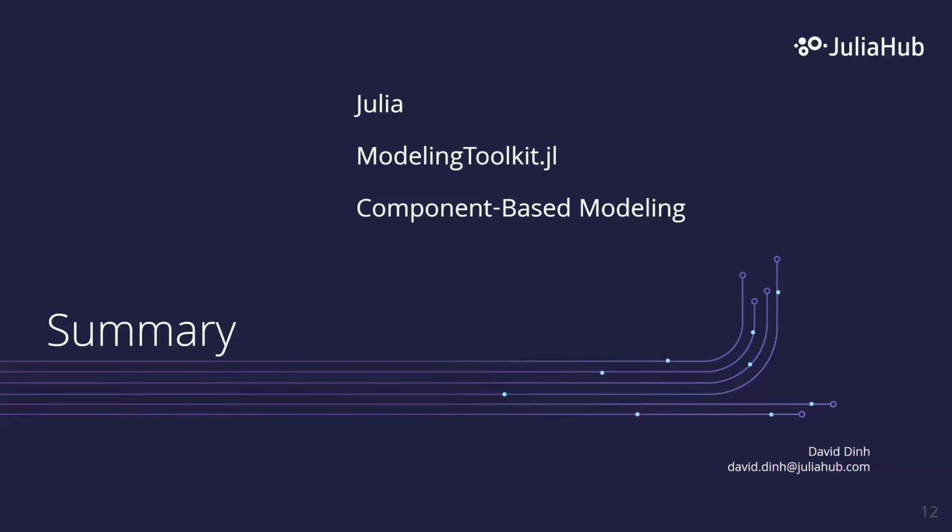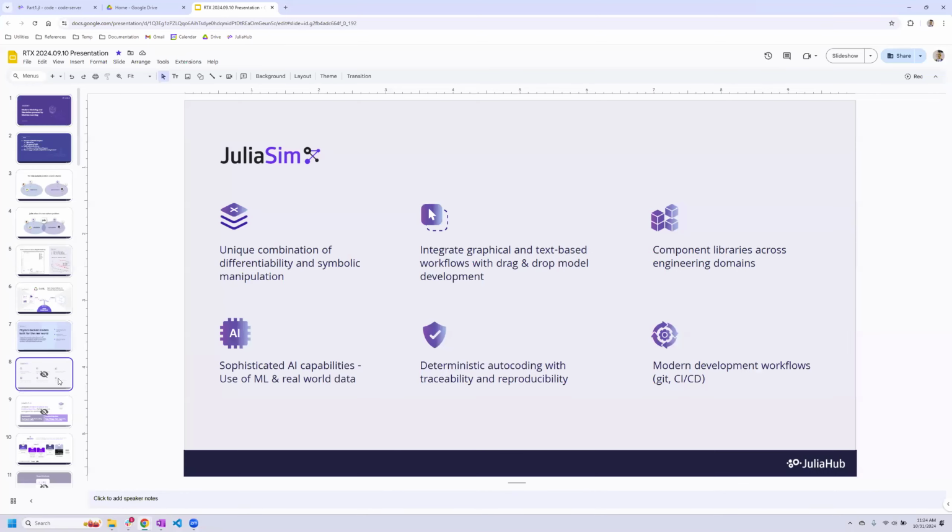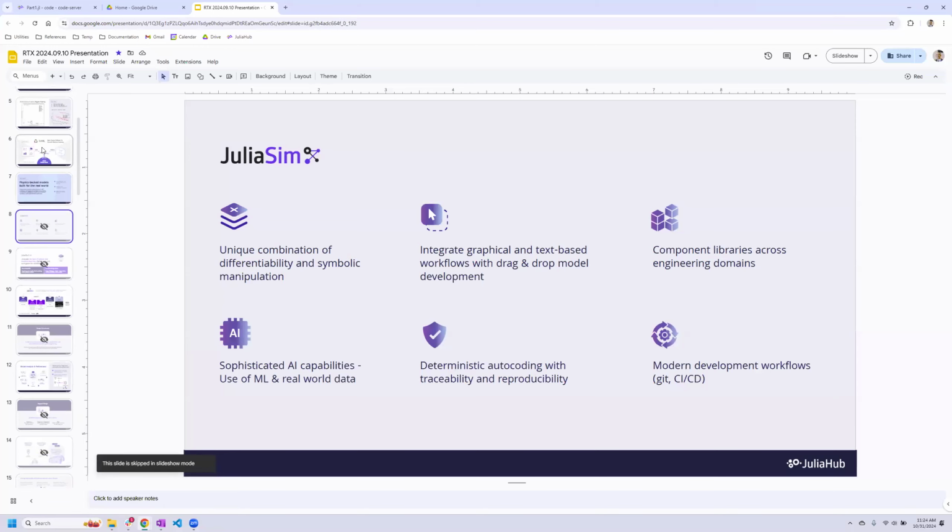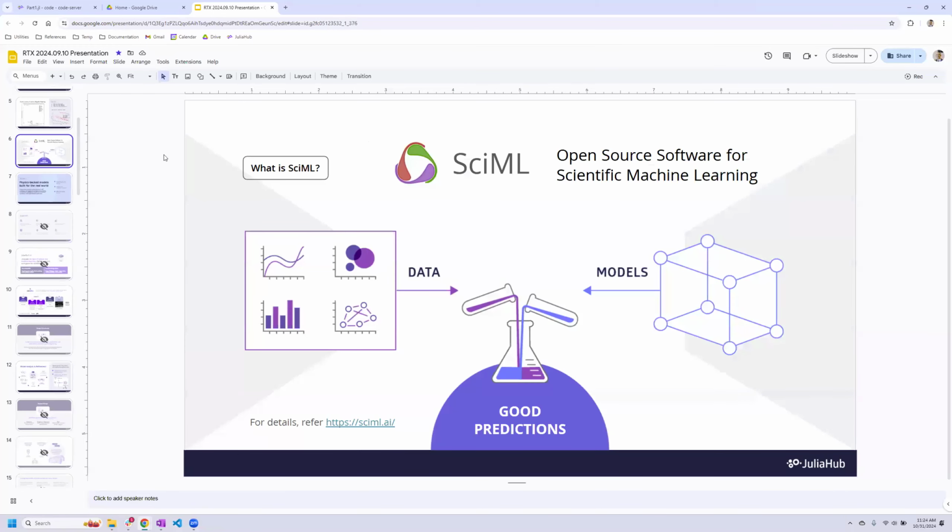That is not something that was covered today, but let me get some slides up real quick. If you are interested, please reach out to us and I'd be happy to get some time with you and give you a full presentation on this. We have this thing called SciML, the idea of scientific machine learning, combining data with models.